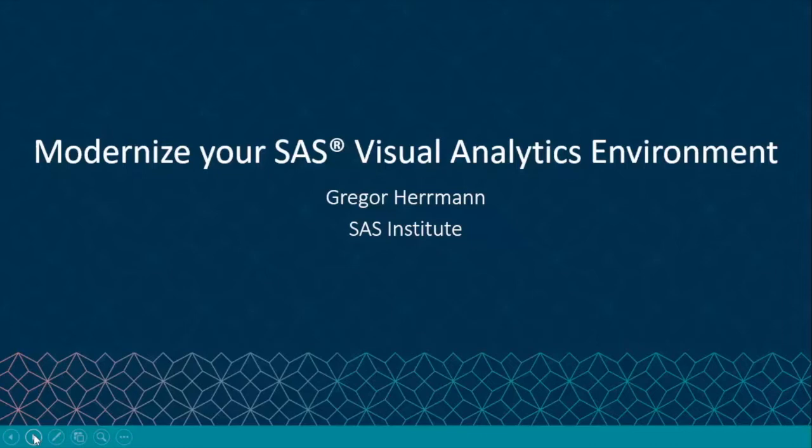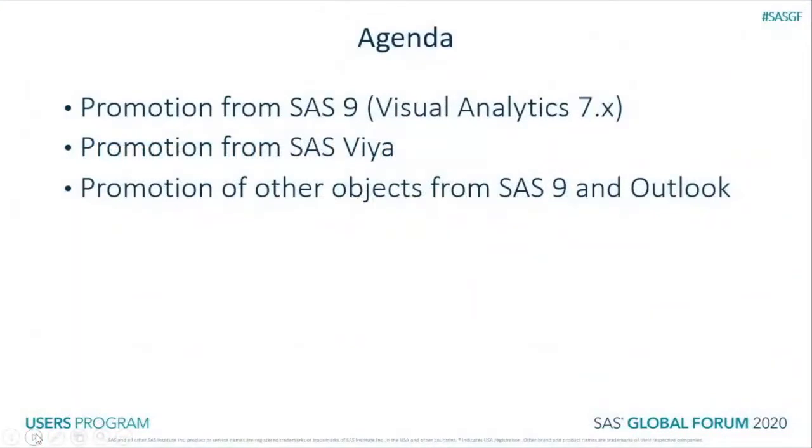Let's first have a look at what I have prepared for you. First of all, we want to have a look at how to promote content from a SAS 9 system, a Visual Analytics 7.x release probably, to SAS Visual Analytics 8.5 on SAS Viya.